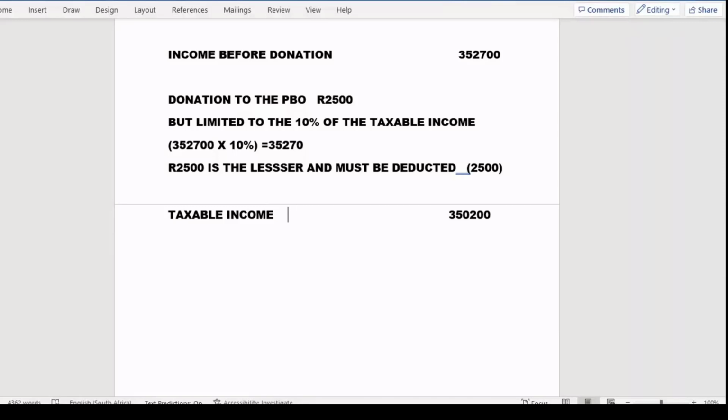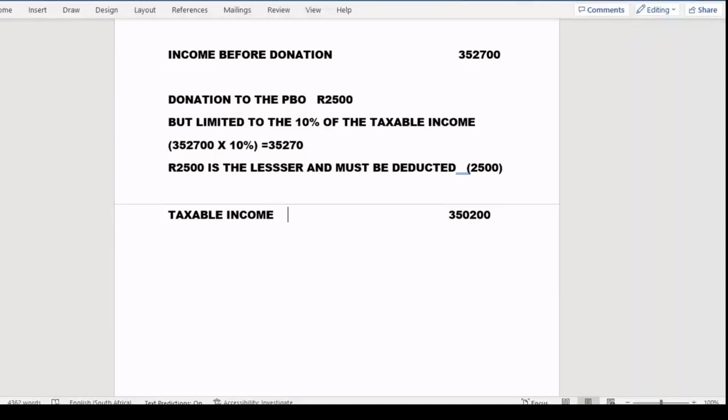Okay, no problem. So you get the income before donation of 352,700. You're fine with that. Yeah, that one I'm fine with. Okay, there was a donation of 2,500 rand, and it was confirmed to be made to a public benefit organization. So we received the Section 18A receipt with an amount of 2,500 rand.